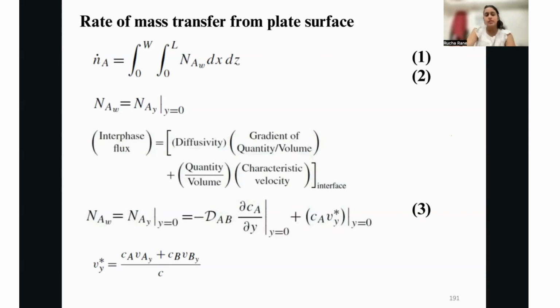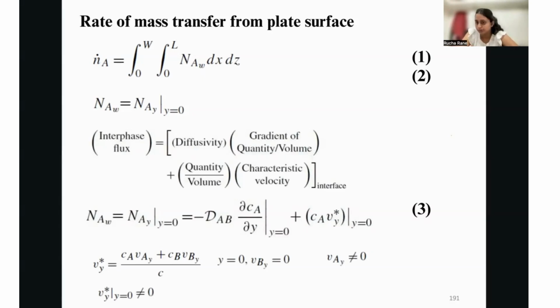So what we can see is that at y is equal to 0, at the surface of the solid plate, there is no species B. If there is no species B, there will be no velocity, so that will be 0. But that does not mean that your VAy is 0. So the Vy term is a non-zero term.